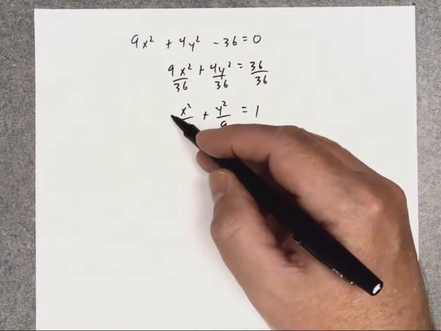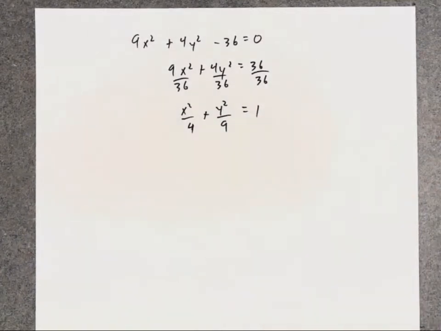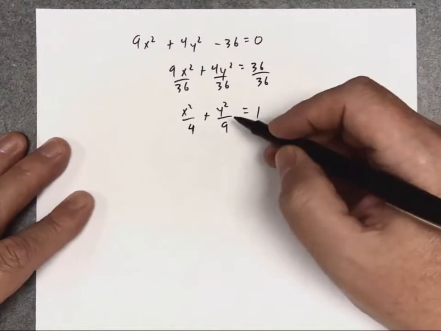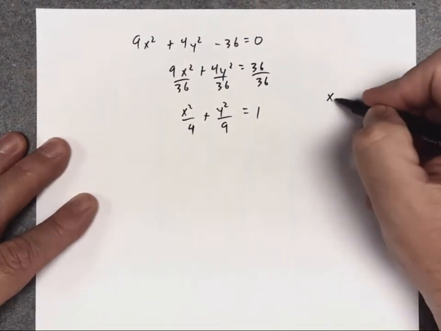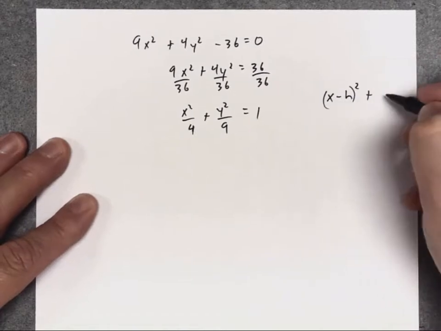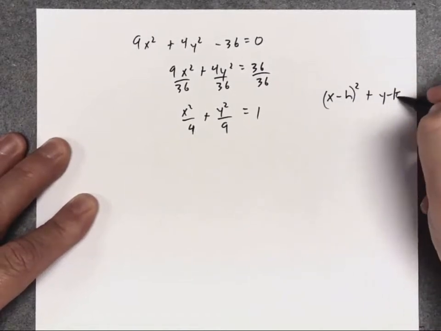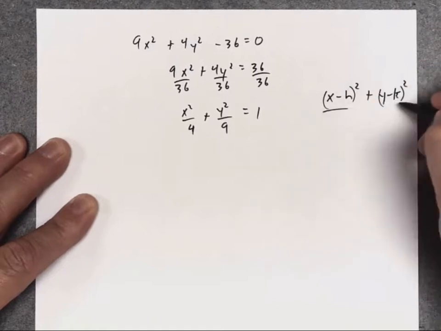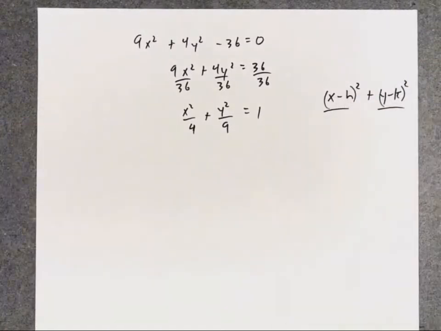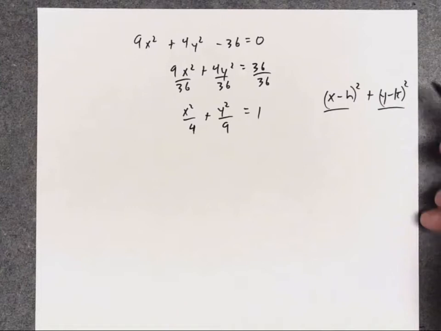I've got some fractions over here. I don't have any coefficients for x and y, but if I remember the equation, it's x minus h squared plus y minus k squared, and then the a or b. Here, I don't have any parentheses there. So what are the h and the k going to be?